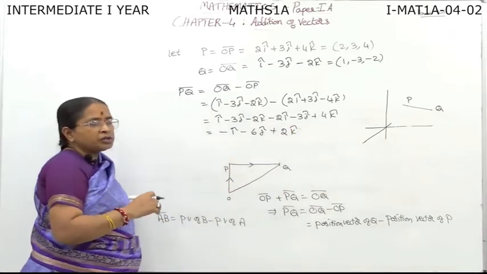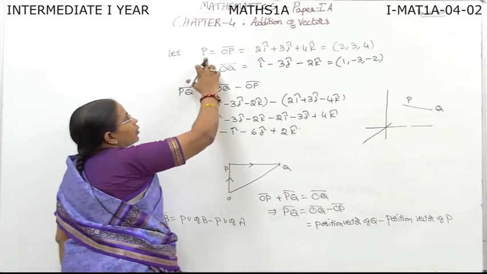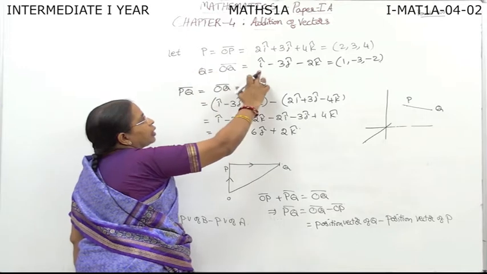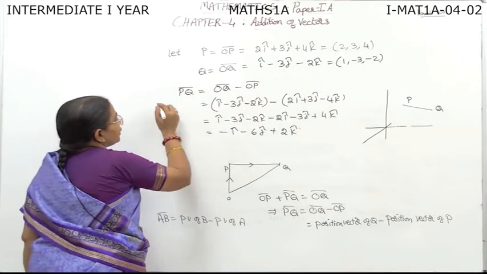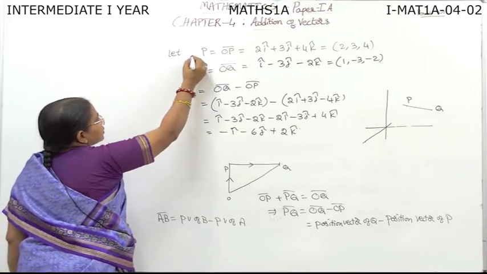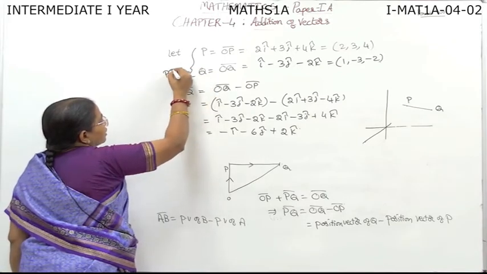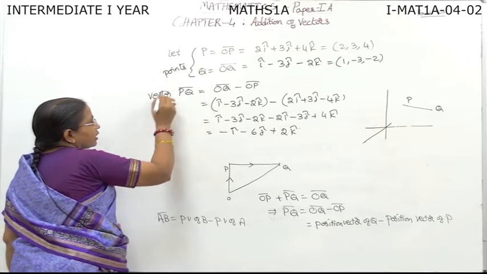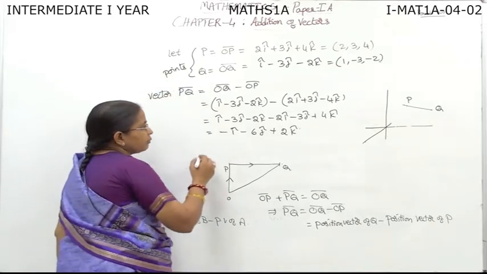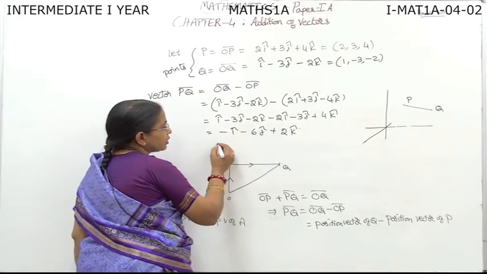Now what you should observe here is the points P and Q are in terms of ijk, and this is the vector PQ. These two are points, and here it is the vector PQ. So vector PQ is also in terms of ijk.